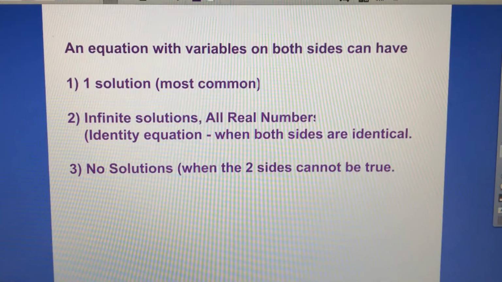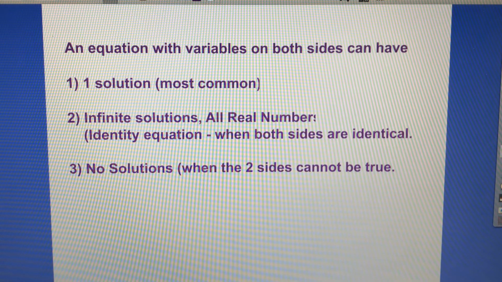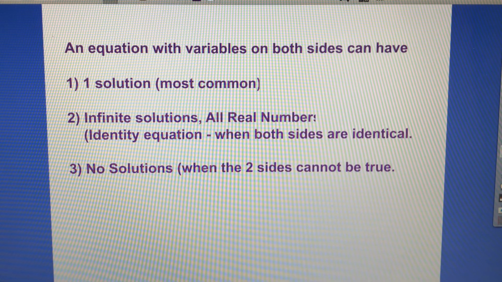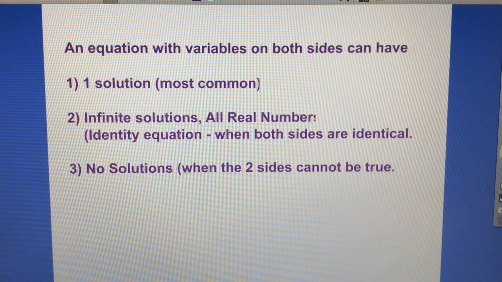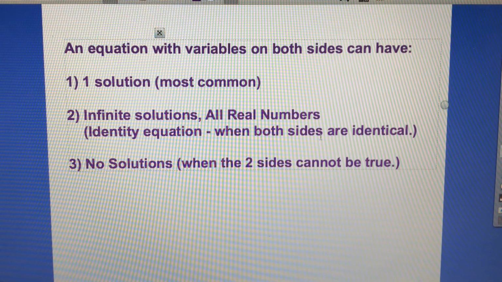An equation with variables on both sides can have one solution, which is the most common. So x equals 4, y equals 2, one solution. You can have infinite solutions, which means all real numbers, and this is when both sides are identical, they equal each other.